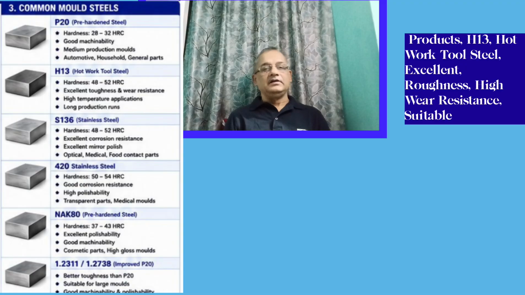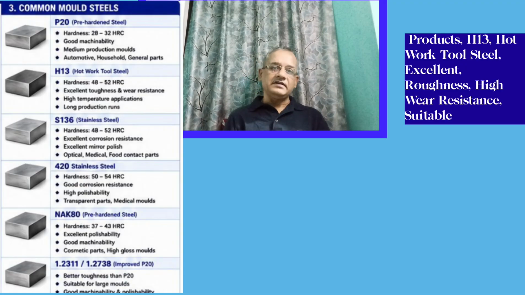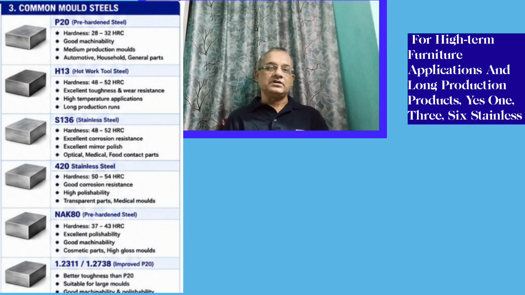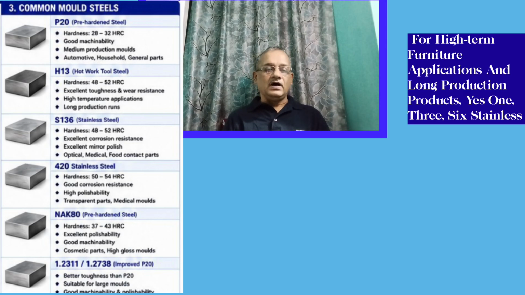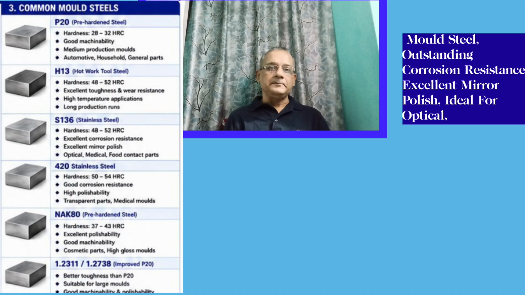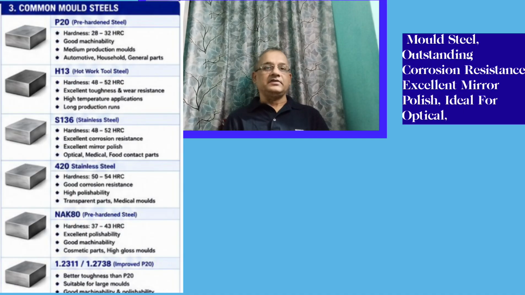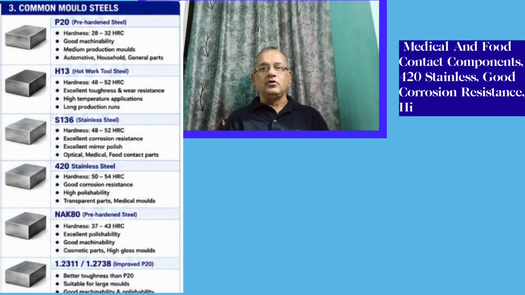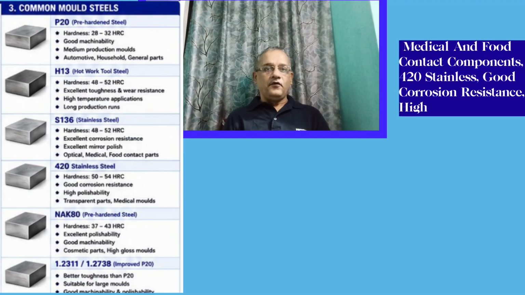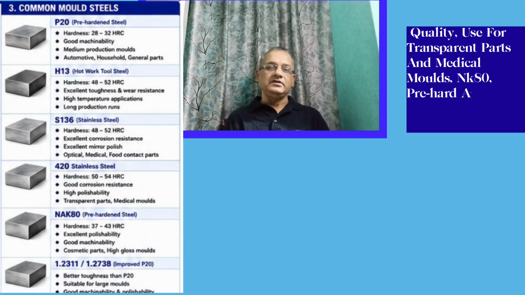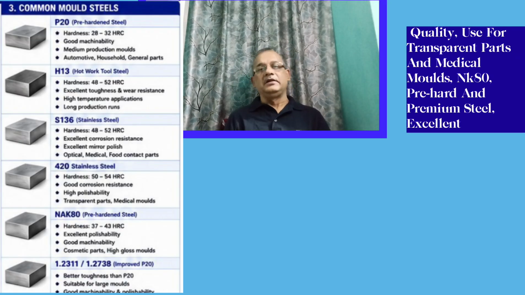Hot work tool steel, excellent toughness, high wear resistance, suitable for high temperature applications and long production runs. S136. Stainless mold steel, outstanding corrosion resistance, excellent mirror polish, ideal for optical, medical and food contact components. 420. Stainless, good corrosion resistance, high polishability, used for transparent parts and medical molds.